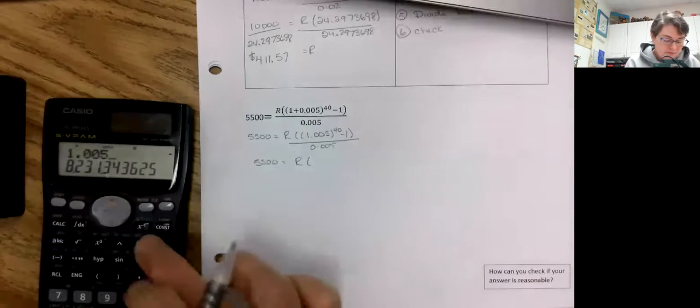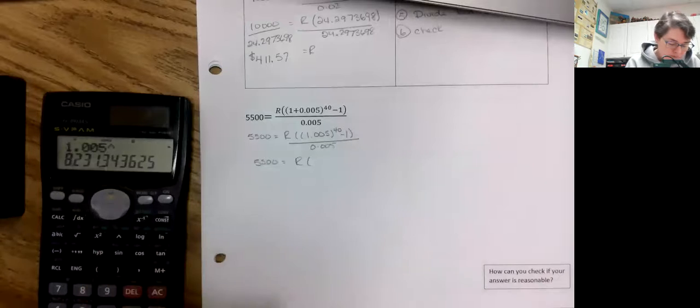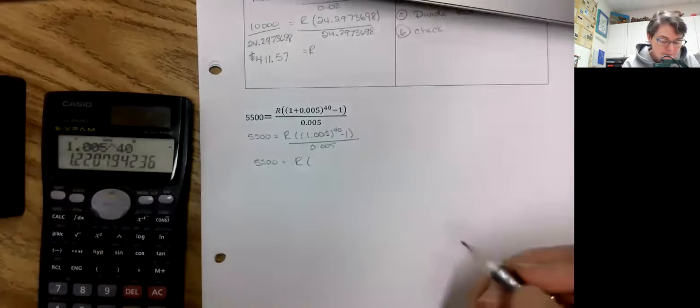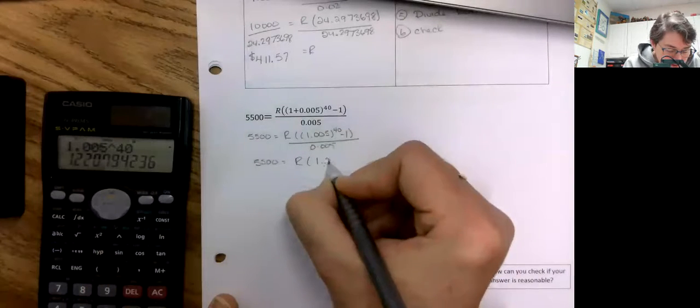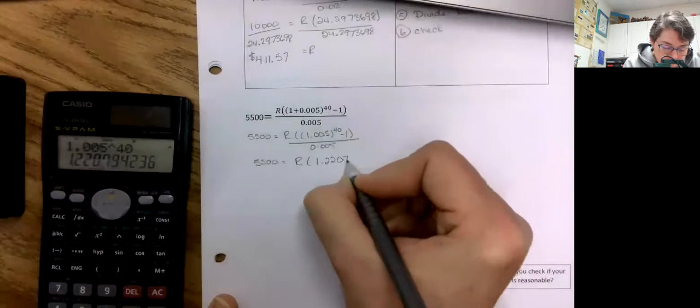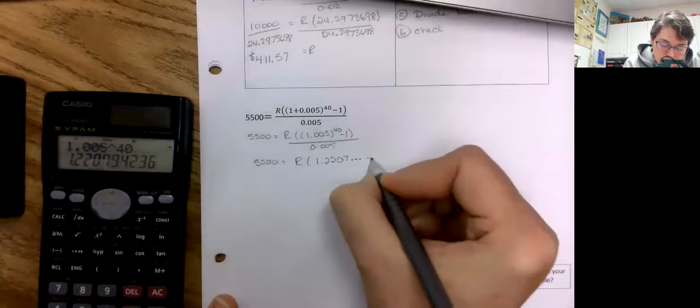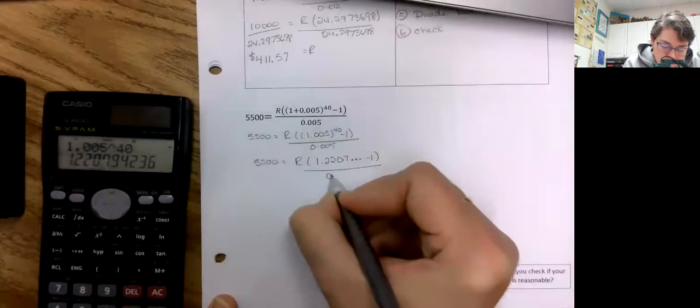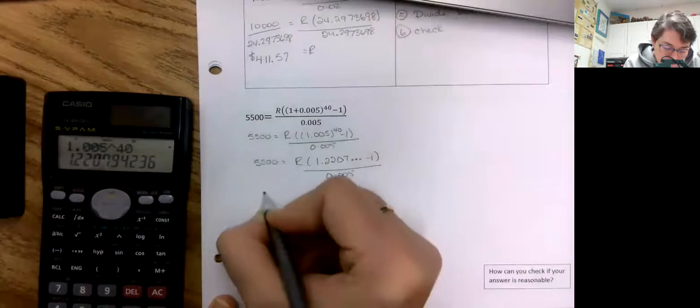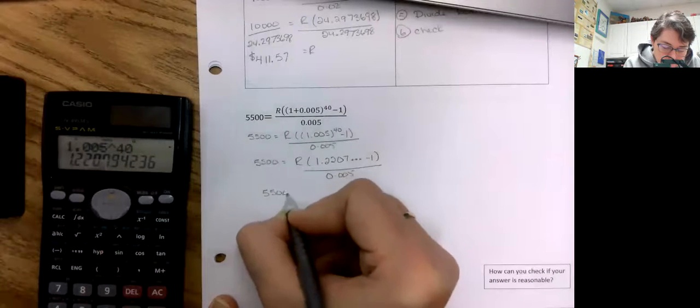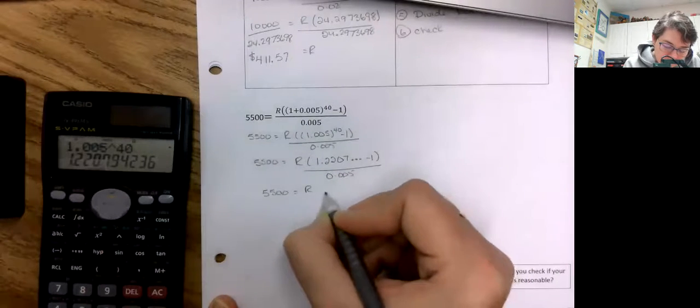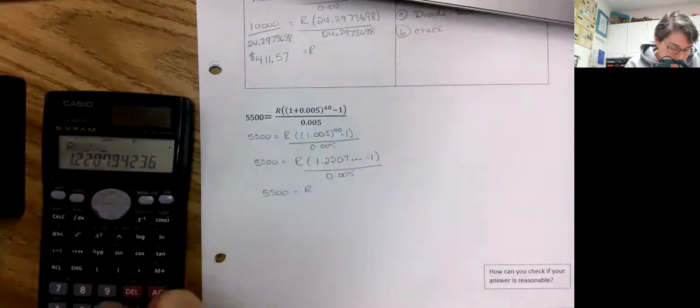So you can see better, 1.005 to the 40th this time. That's 1.2207 minus 1, over 0.005. So let's subtract 1.